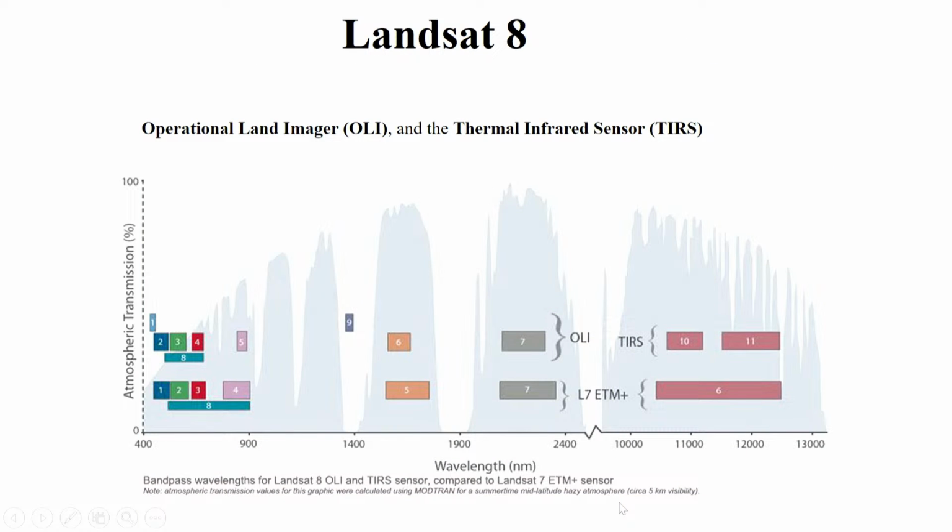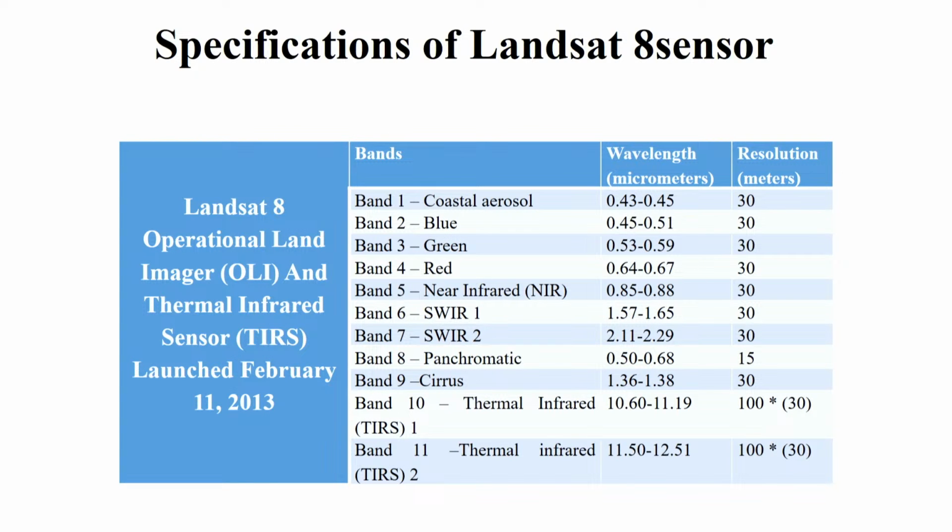After that, Landsat 8 was launched, with the Operational Land Imager, OLI, and the Thermal Infrared Sensor, TIRS. In this, 2 bands are thermal infrared, and in the last few years Landsat 9 has also been launched. Here you can see band number 10 and band number 11. These are the thermal bands with a spatial resolution of 100 meter, and the number of bands is larger in comparison to the previous missions.